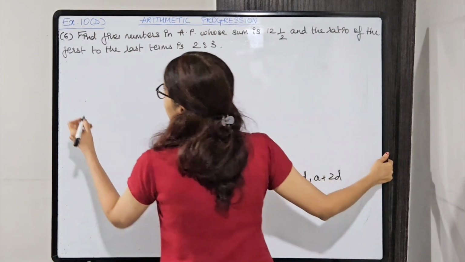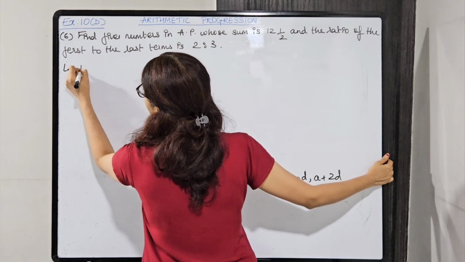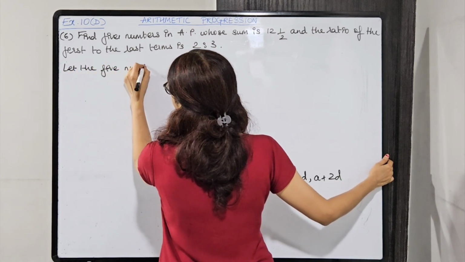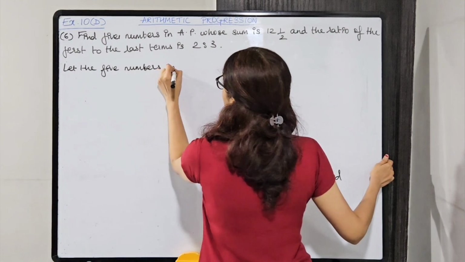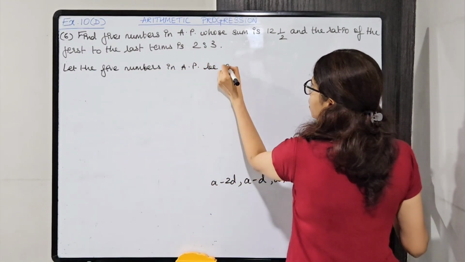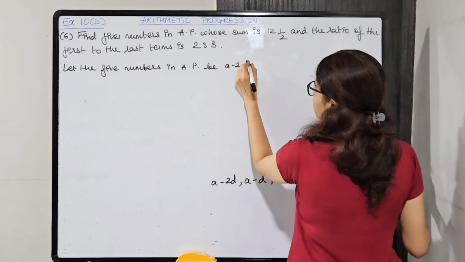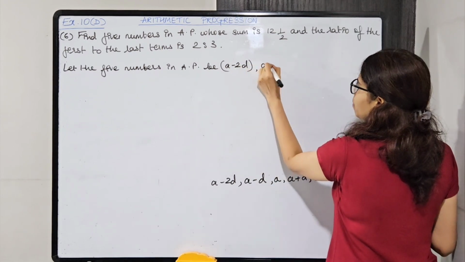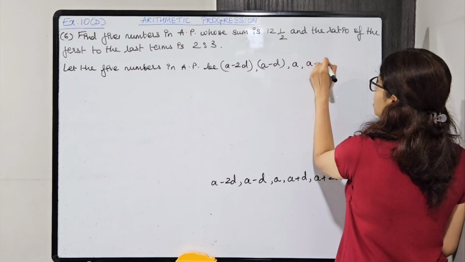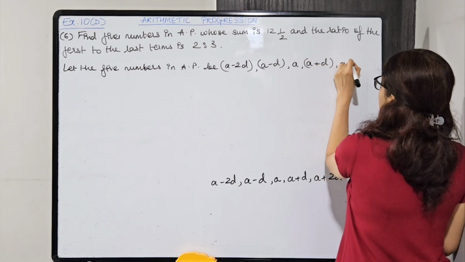So write down the statement. Let the 5 numbers in AP be A minus 2D, comma A minus D, comma A, comma A plus D, comma A plus 2D.